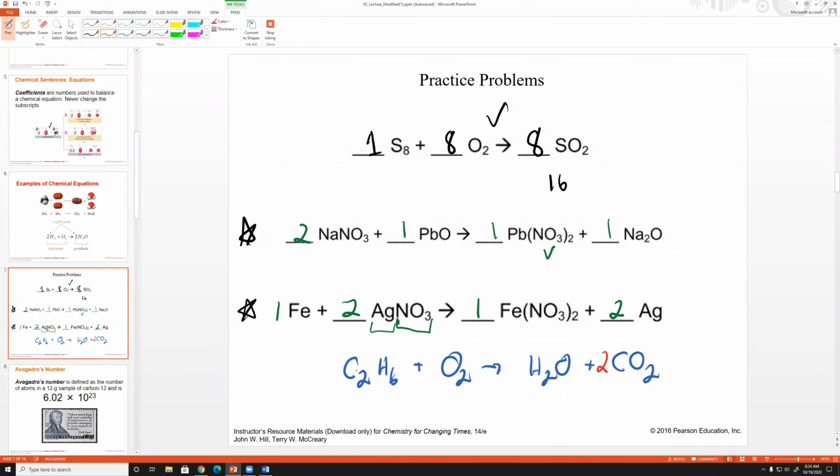Next, we have H6 on the left, H2 on the right. So what do we put here in front of the H2O? 3. Perfect. So now our carbons are balanced, hydrogens are balanced, oxygen, not yet.